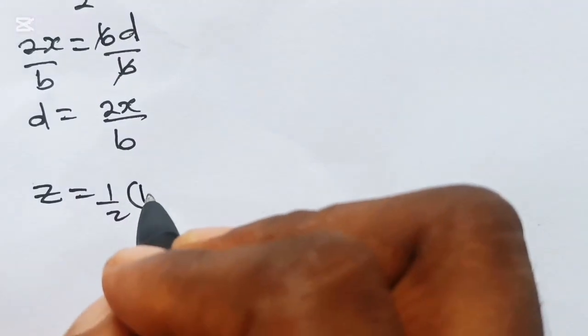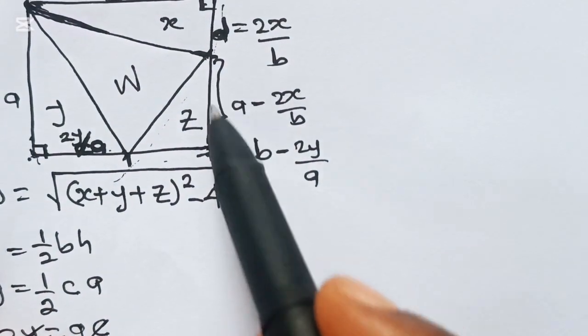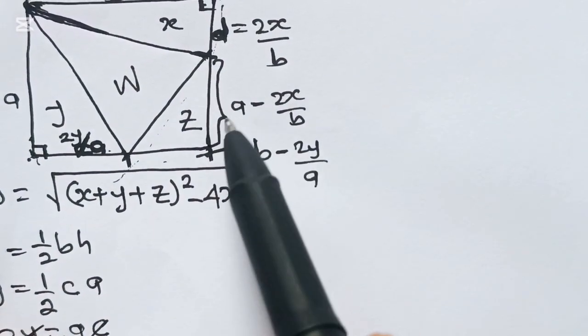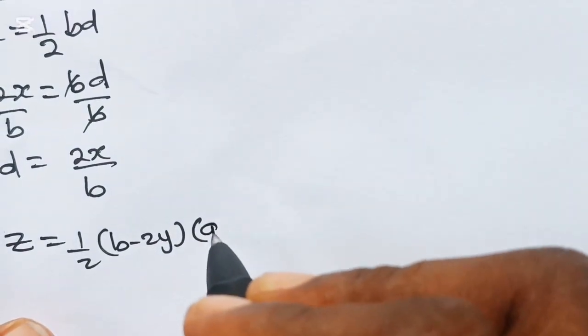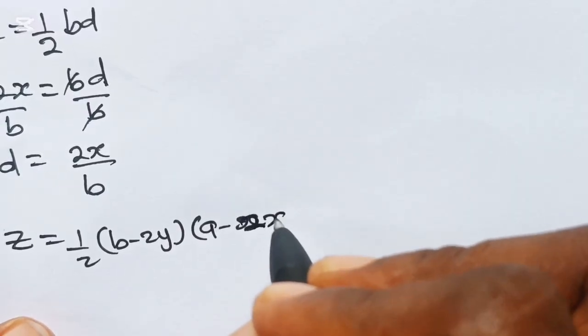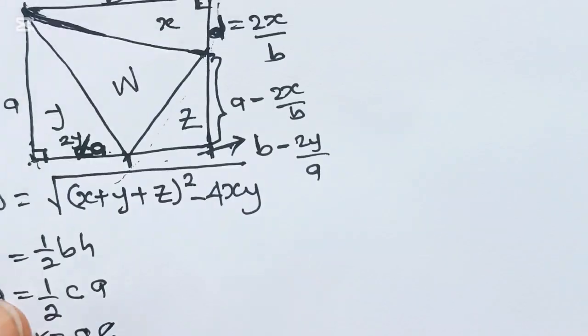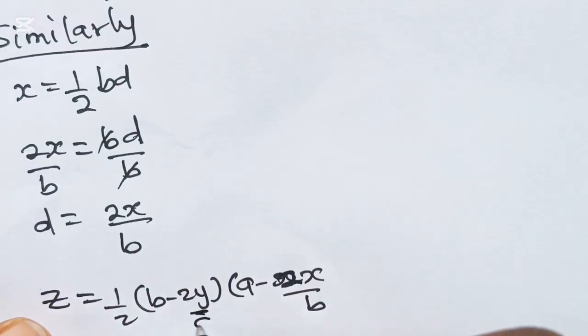So half bracket b minus 2y times the height, which is from here to here, a minus 2x over b. So we have a minus 2x over b. And this one is b minus 2y over a.